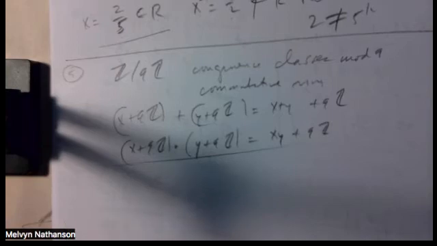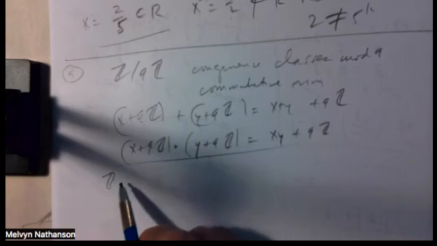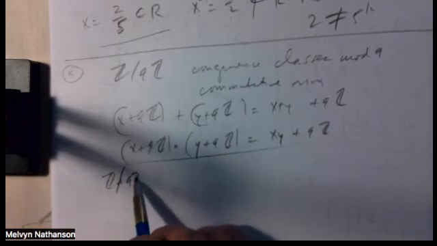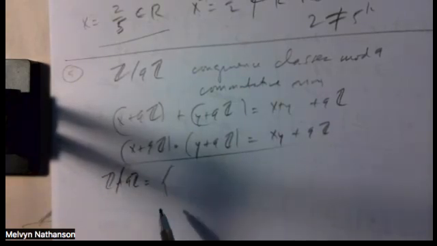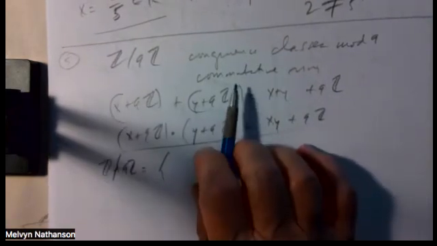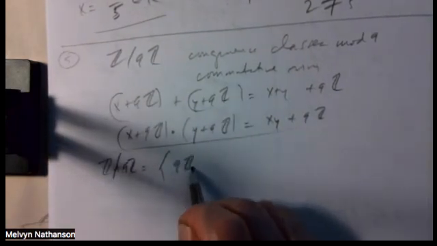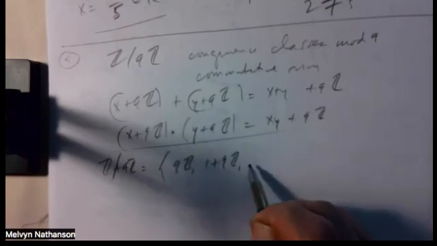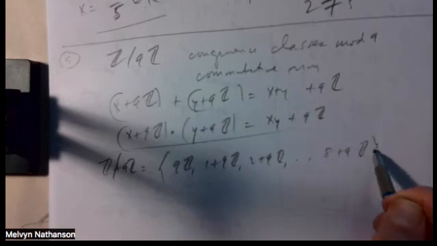What are the units? Well, Z mod 9Z has 9 elements: 9Z, 1 plus 9Z, 2 plus 9Z, and so forth, up to 8 plus 9Z. What are the units? Well, 1 plus 9Z, the identity, of course, is the multiplicative identity.